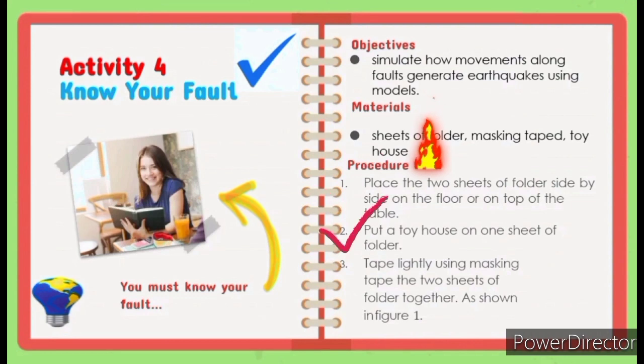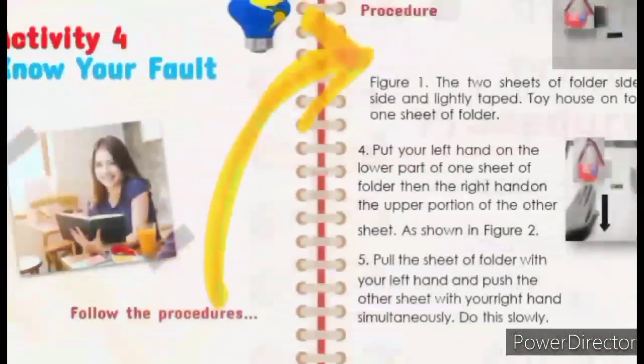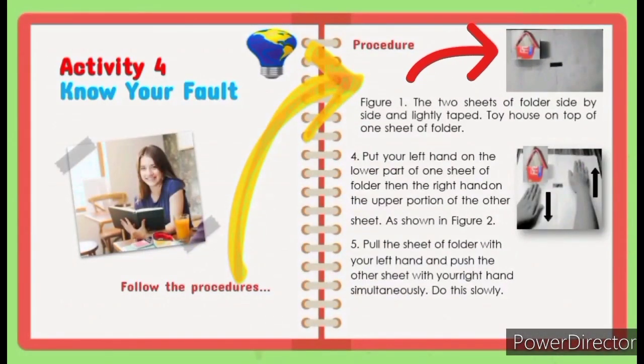Number 2, put a toy house on 1 sheet of folder. Number 3, tape lightly using masking tape the 2 sheets of folder together as shown in figure 1. As you can see in the picture in figure 1, look at that properly.